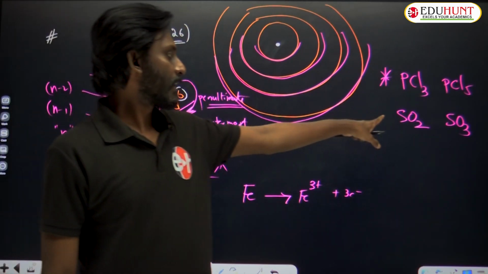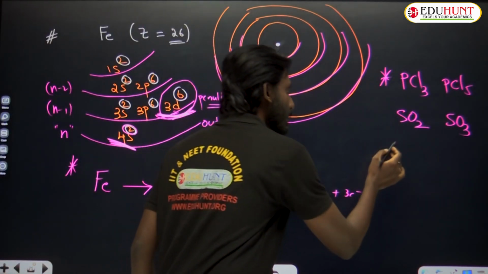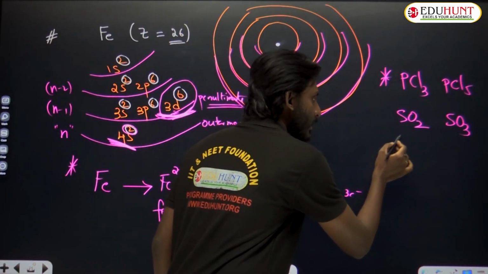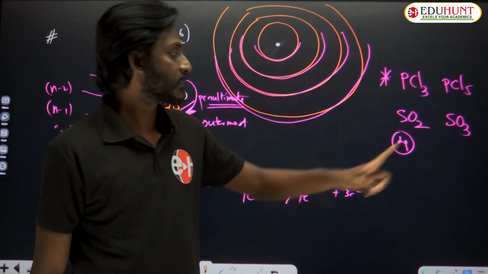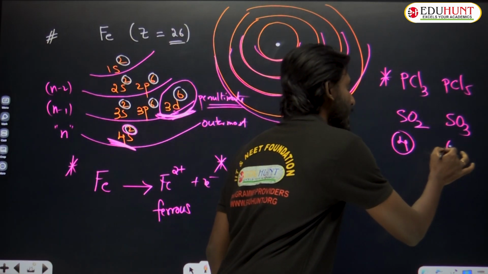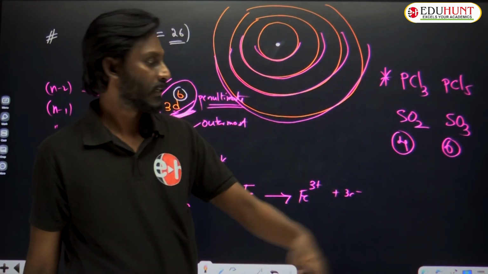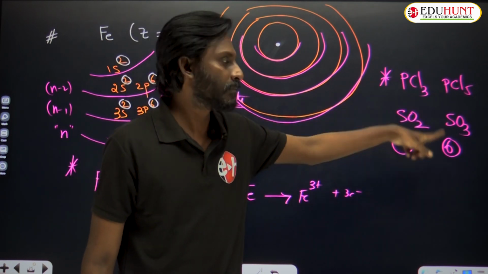Here sulfur has combined with 2 oxygen atoms, so 2 into 2, the combining capacity of sulfur is 4. And here sulfur combined with 3 oxygen atoms, so 2 into 3. The valency of sulfur here is 4. The valency of sulfur here is 6.